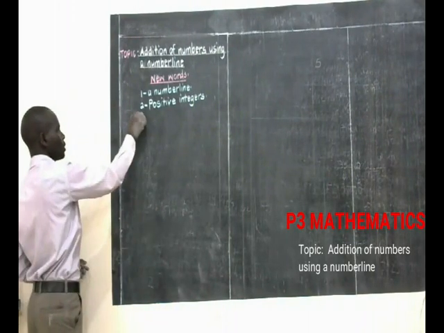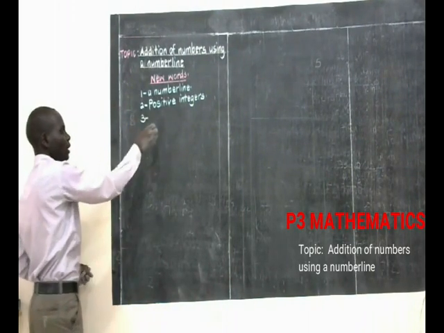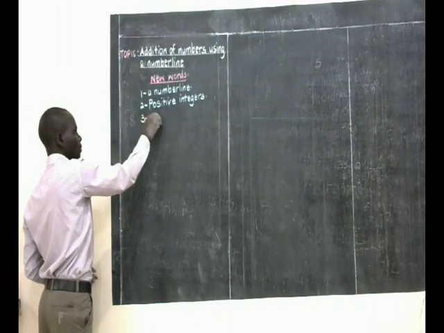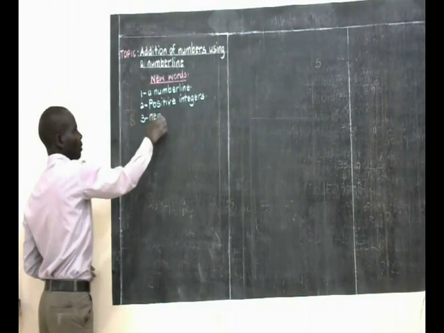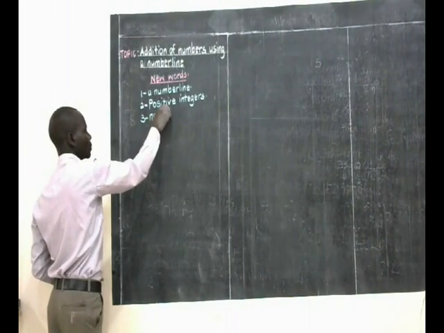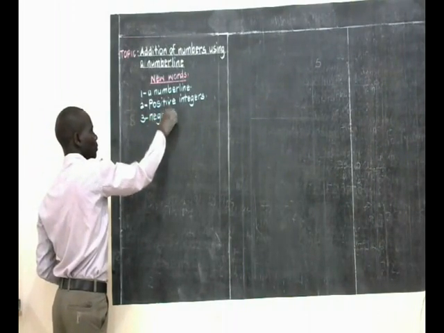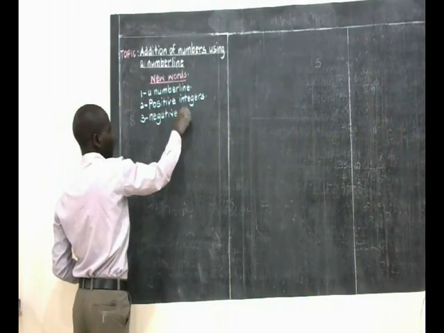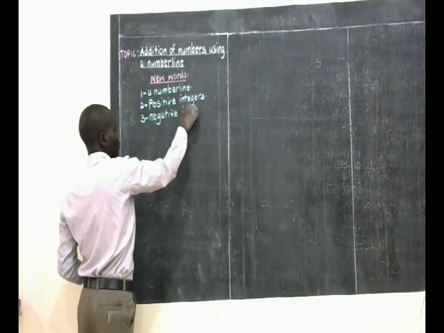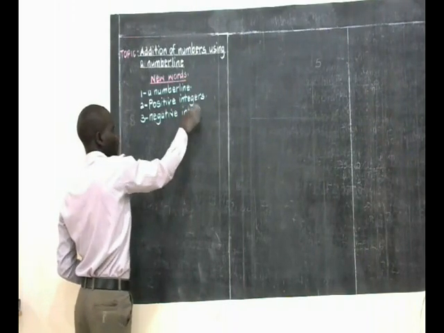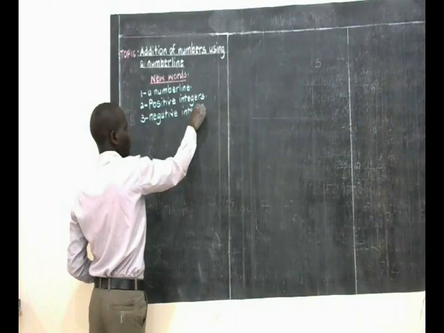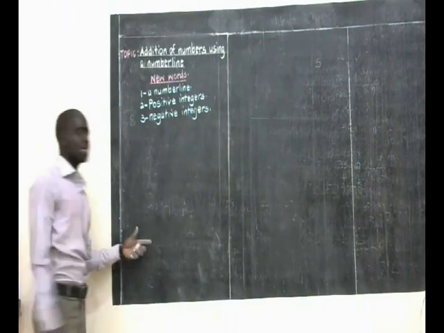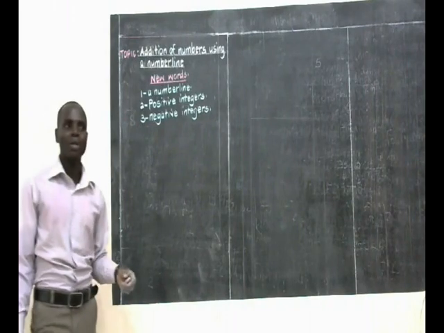And then also we have what we call negative integers. So these are some of the new words that we have to look at.